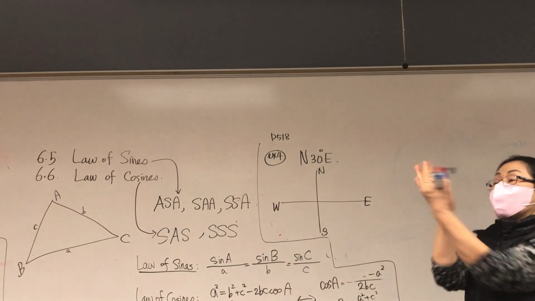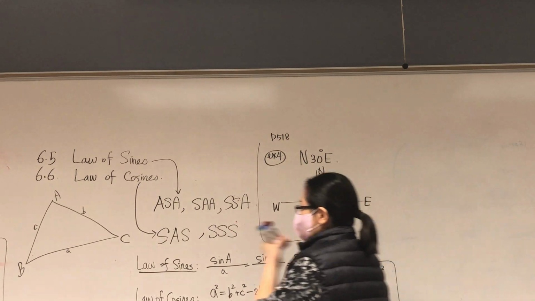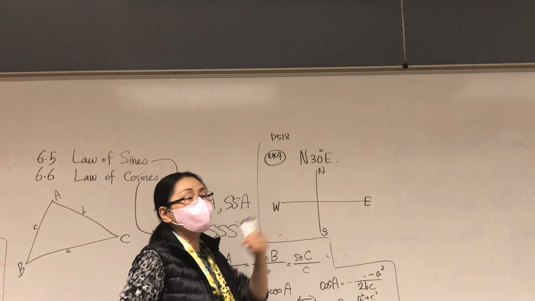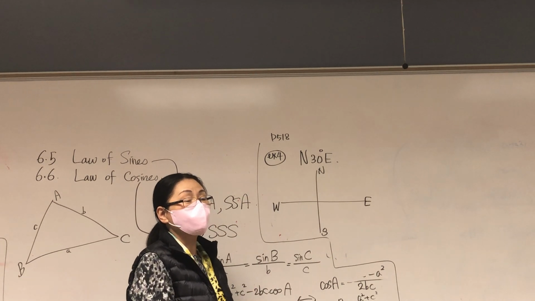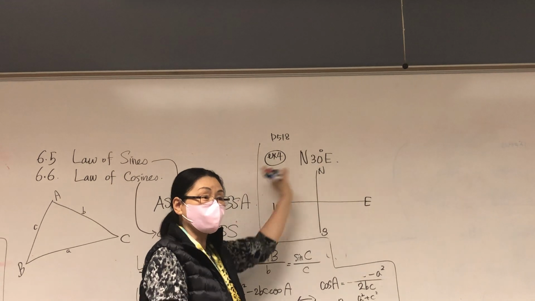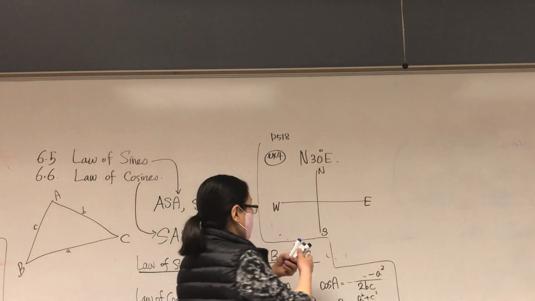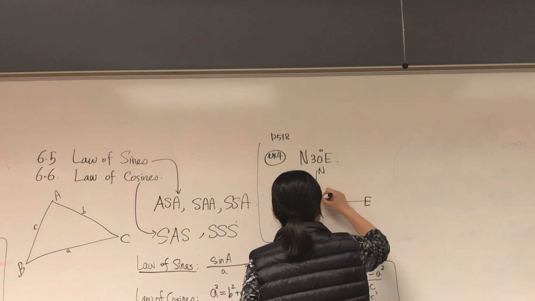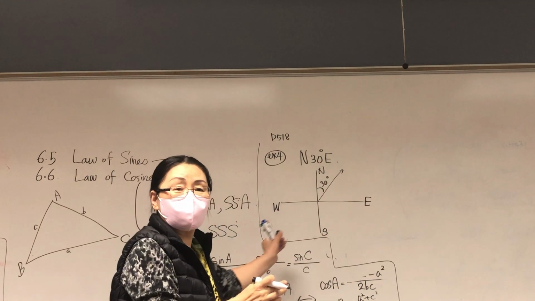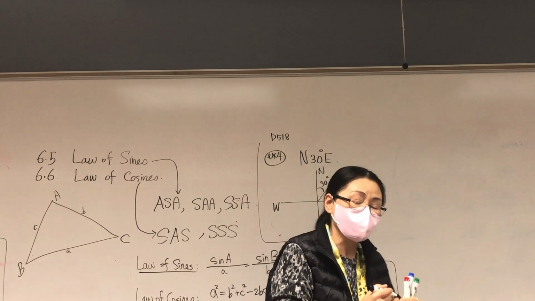Never eat soggy waffles. So what do they mean by 30? How do you measure 30? From the north angle toward the east. So it goes that way. Very good. So your wind is blowing this way.